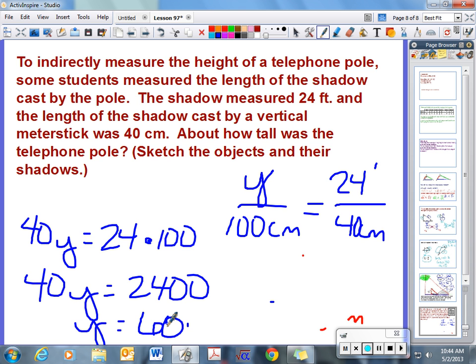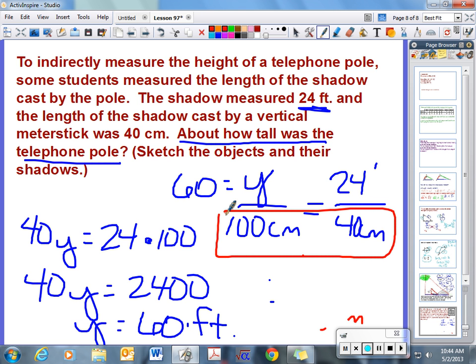Well, we were trying to figure out how tall the telephone pole was, and they were measuring the telephone pole in feet. So it actually would be 60 feet tall. Now let's just look at if that makes sense. Down here with the meter stick, the meter stick was longer than the shadow, and here the telephone pole is longer than its shadow also, which makes sense.